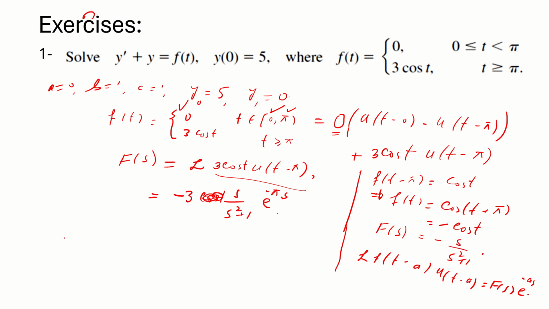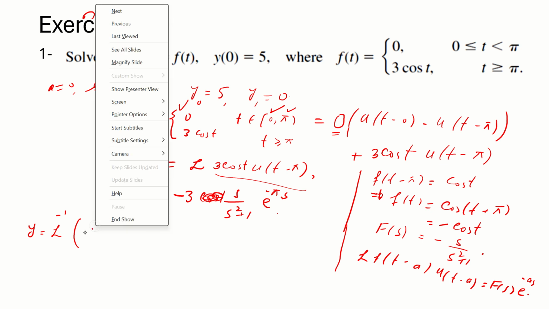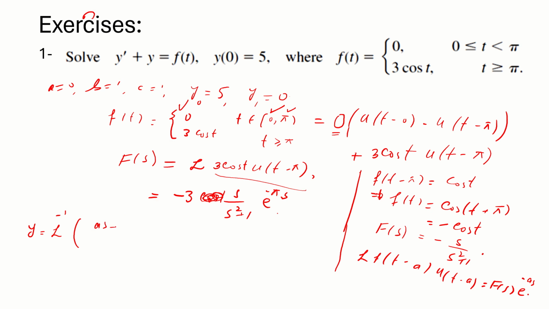Now, putting the values in the formula, we have y equal to the Laplace inverse of, the formula I explained earlier, (a s plus b) y naught plus a y1, divided by the characteristic equation, plus f of s, obviously. It will become s plus 1.